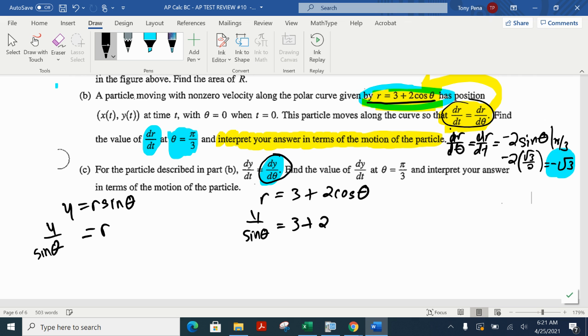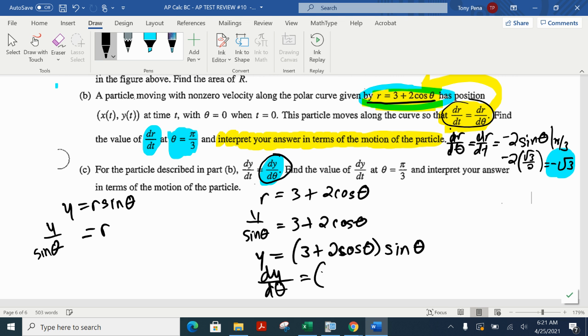So if we're going to do that substitution, and we now know y, if I multiply that sine over, it is equivalent to this. Now if I take the derivative of this, I can say that this is in fact a dy d theta. Another little product rule here.